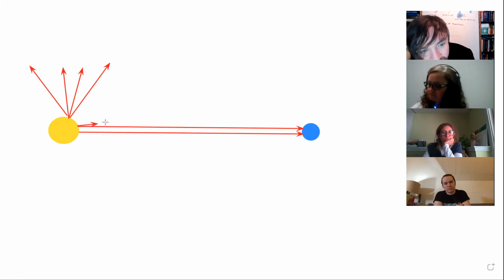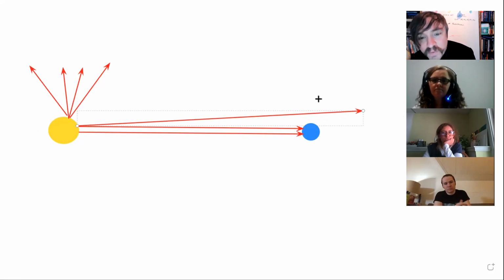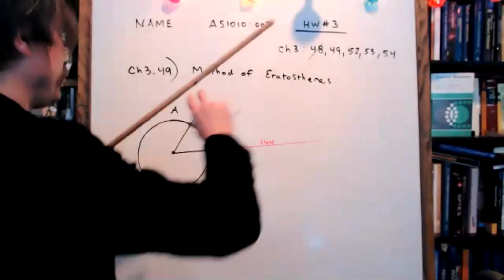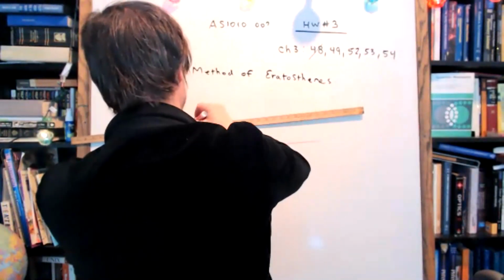As that ray of sunlight traveled over the course of 1 AU, that tiny angle would eventually diverge so much that the ray would not hit Earth. Therefore, Eratosthenes understood that all rays of sunlight that strike Earth have to be parallel to one another. And that, of course, means that this ray here is parallel to that ray.